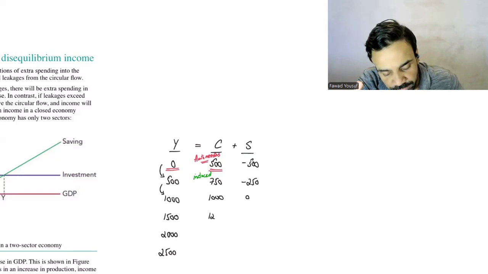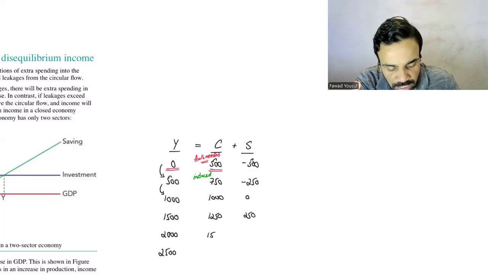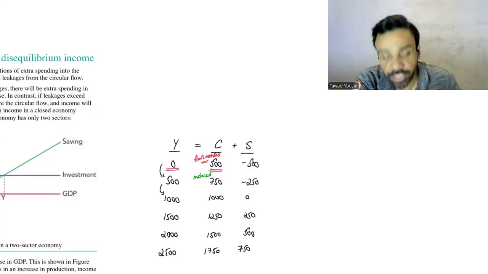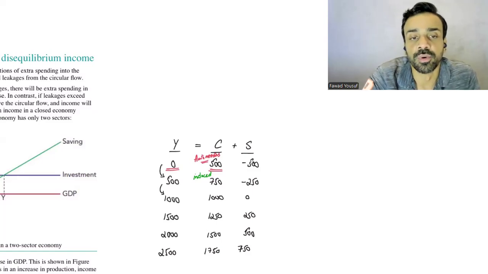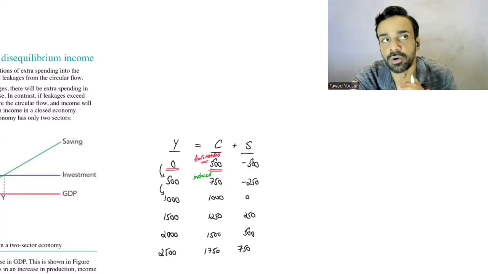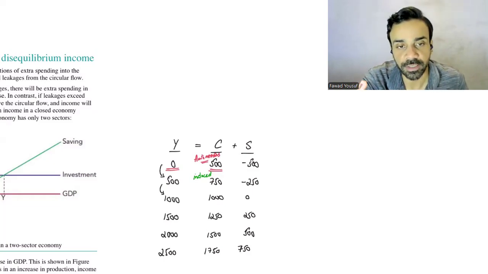And then when you earn 1500, you spend about 1250, and now you started making some savings. And if you apply this knowledge to the country, it's almost legit. All right. That as your income starts to go up, your consumption also rises and your savings also rises, right?